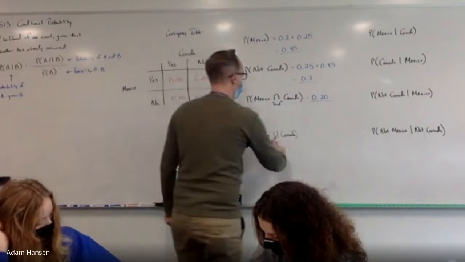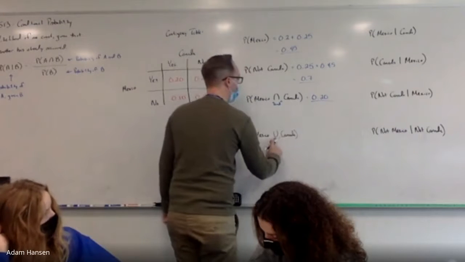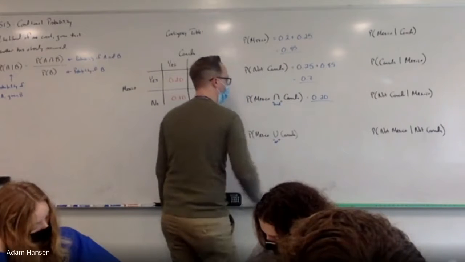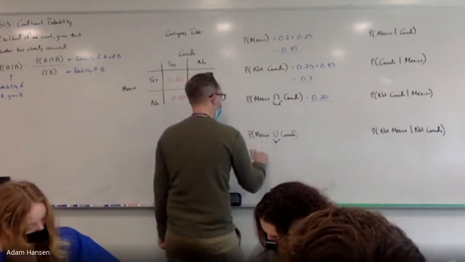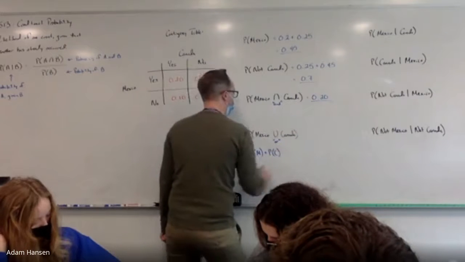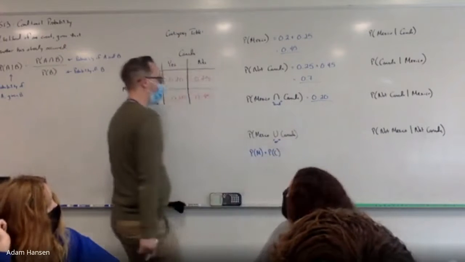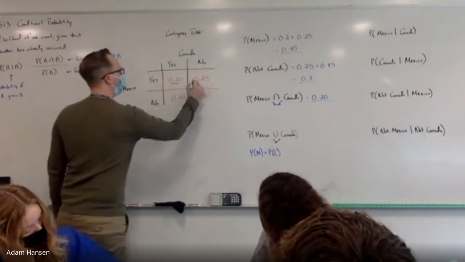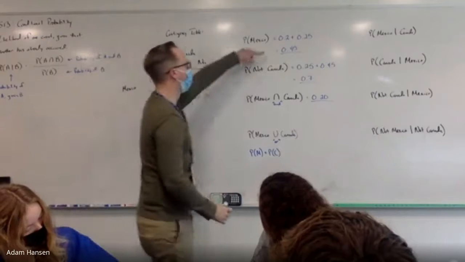The last one, Mexico or Canada. Mexico union Canada in set notation. Well, this means I'm going to add up everybody from Mexico plus everybody from Canada. So everybody who's been to Mexico, 20% and the 25%.